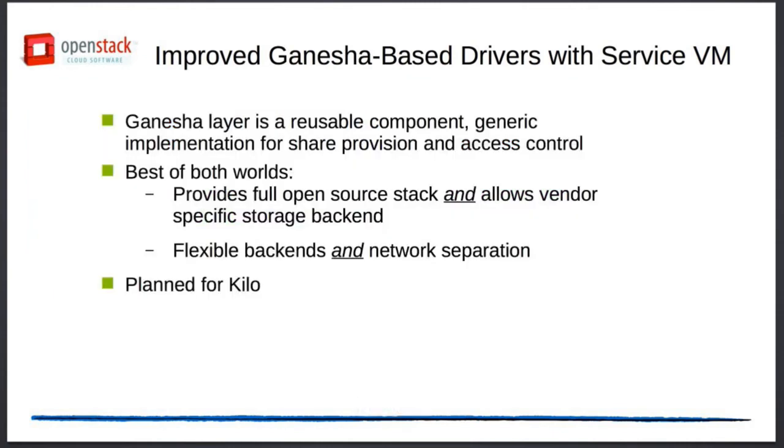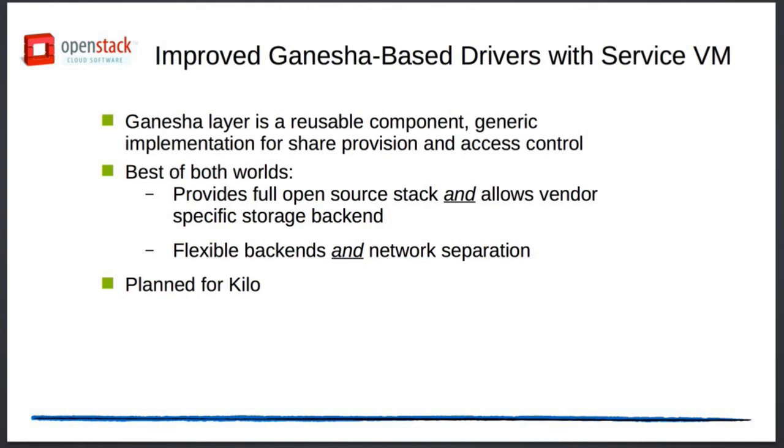So what we gain by this effort is a kind of best of both worlds. We get both the flexible backends of Ganesha and the network separation of the generic driver. You can use it as a full open source stack, but you can also plug in vendor-specific proprietary technologies.